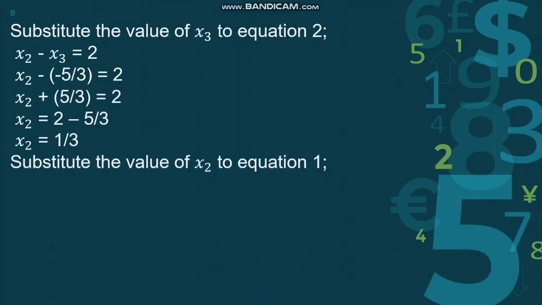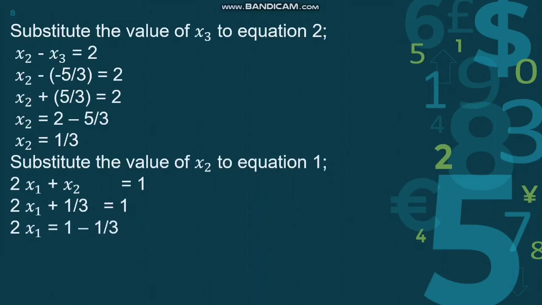Now, substitute the value of x sub 2 to equation 1, that is 2x sub 1 plus x sub 2 is equal to 1. 2x sub 1 plus 1/3 is equal to 1. 2x sub 1 is equal to 1 minus 1/3. Then, we will divide both sides by 2.